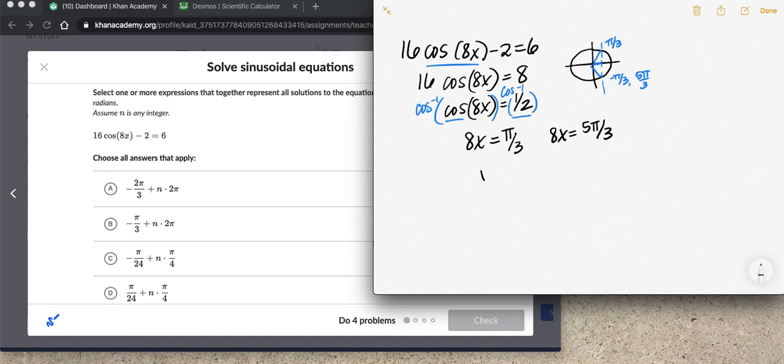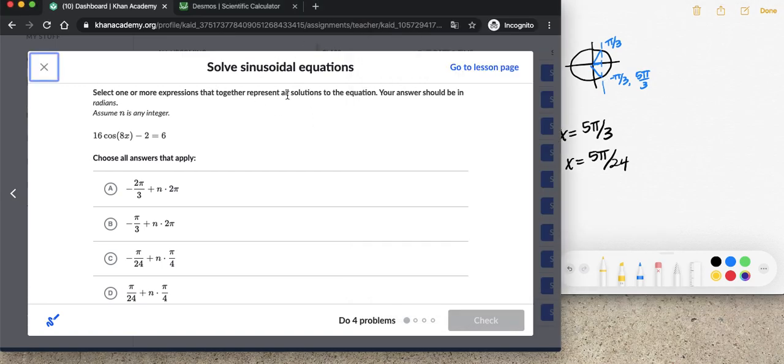So dividing both sides by 8, I end up with pi over 24 and 5 pi over 24. So this is where I have to remind myself that this is just one trip around the circle. And if you notice right here, it says all solutions.